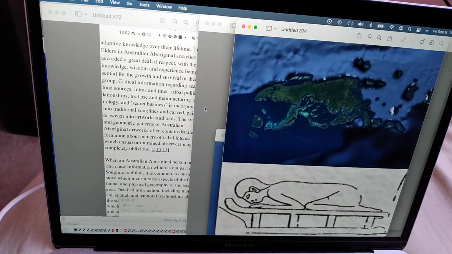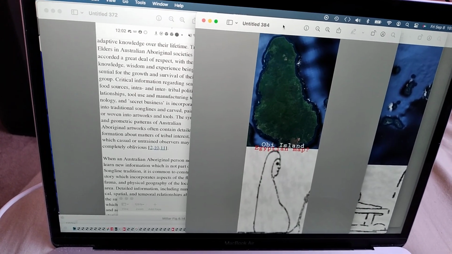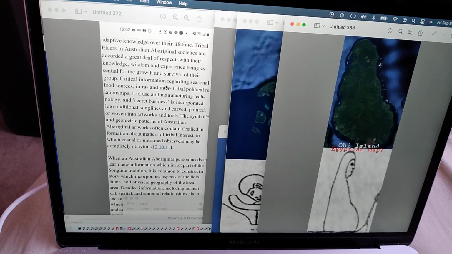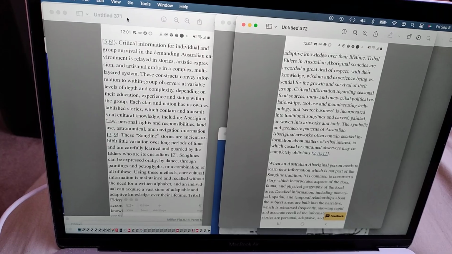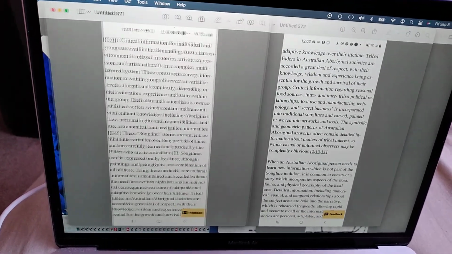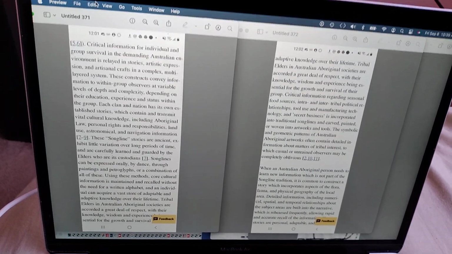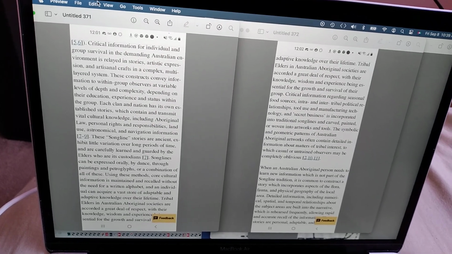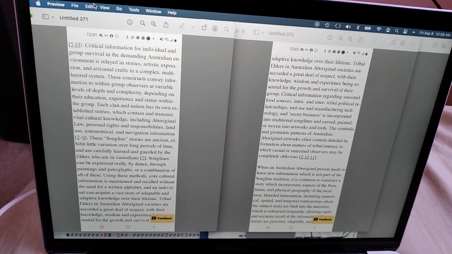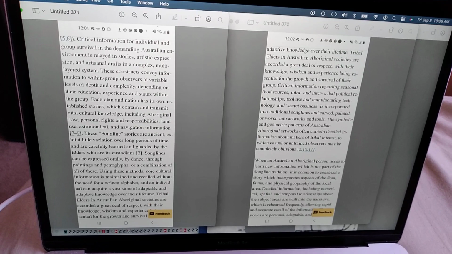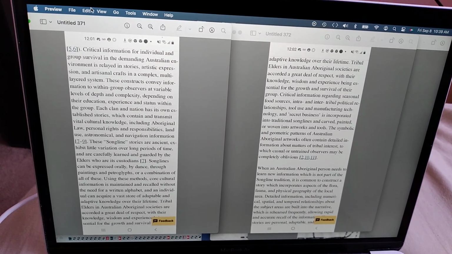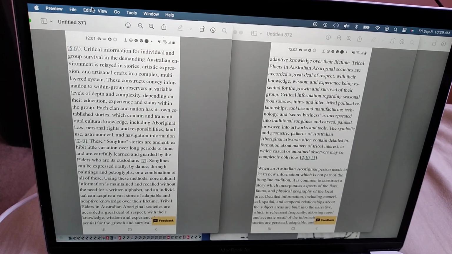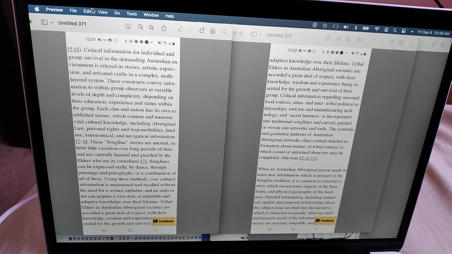And what else have we got? So let's see. Critical information for individual and group survival in the demanding Australian environment is relayed in stories, artistic expression, and artisanal crafts in a complex, multi-layered system.